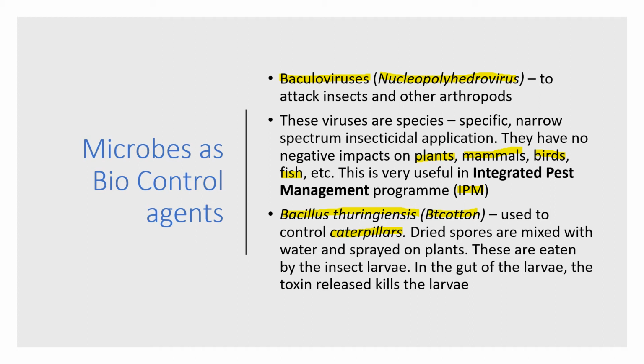Dried spores are mixed with water and then sprayed onto plants such as brassicas and fruit trees, where later these are eaten by the insect larvae, and in the gut of the larvae the toxin is released, due to which the larvae get killed.